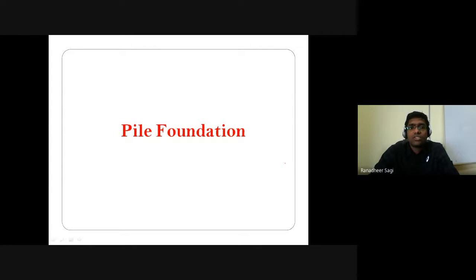And then we have understood how the deep foundation is classified. We said deep foundations are broadly classified as pile foundation, and subsequently we understood the well foundation, which is otherwise also called caisson foundation.